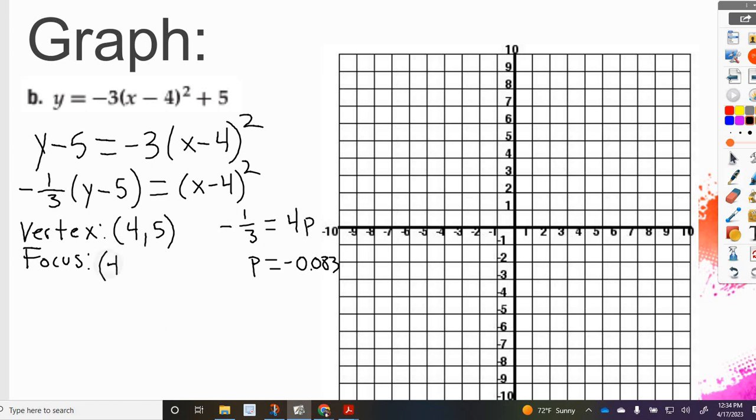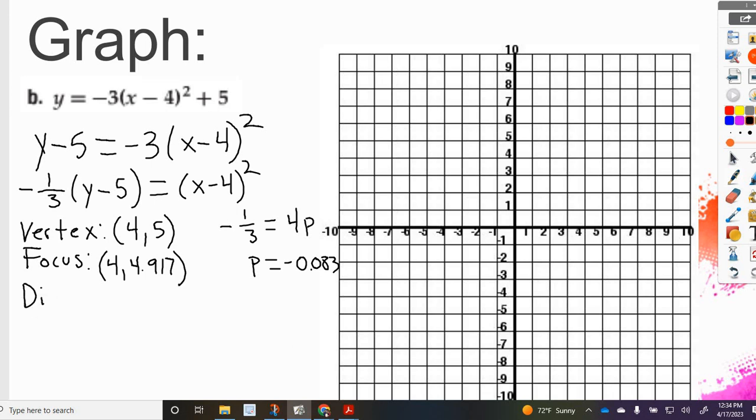So what is 5 plus -0.083? No. That would be if you were subtracting. We're adding it, but it's negative. Alright.